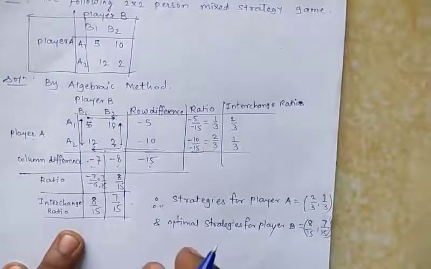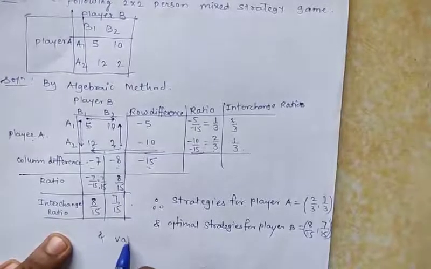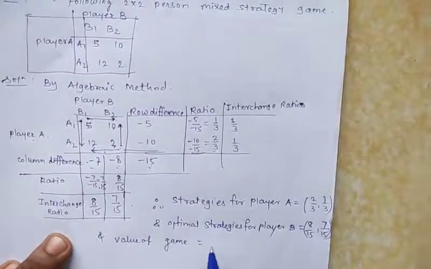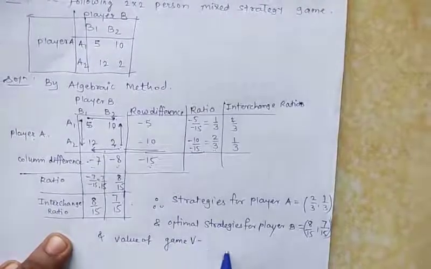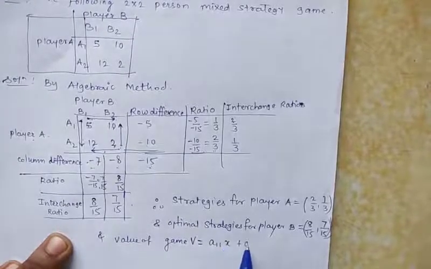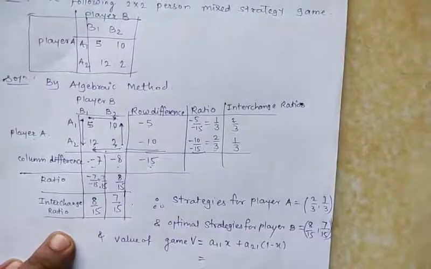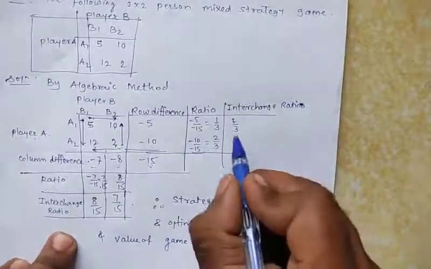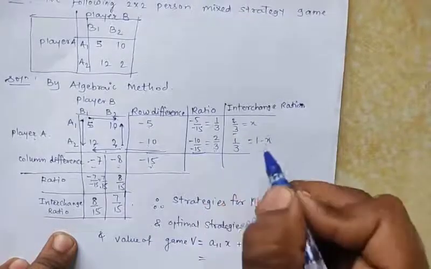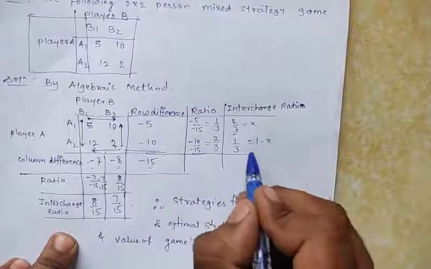Okay. And what is the value of the game? The value of the game is V. What is the formula? A11 into X plus A21 into 1 minus X. So this is the value of X, and this is always 1 minus X, because here this is X. After subtracting X, 1 minus X, we get 1 by 3.